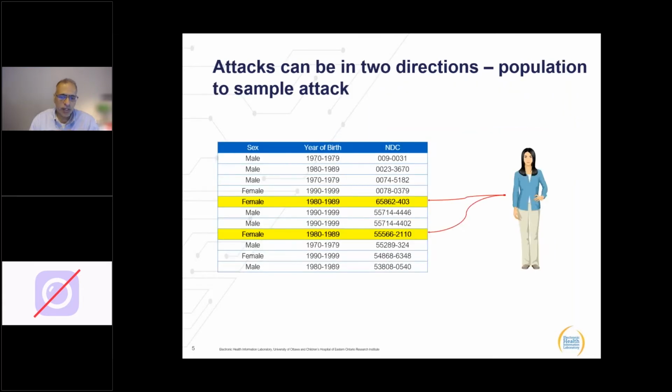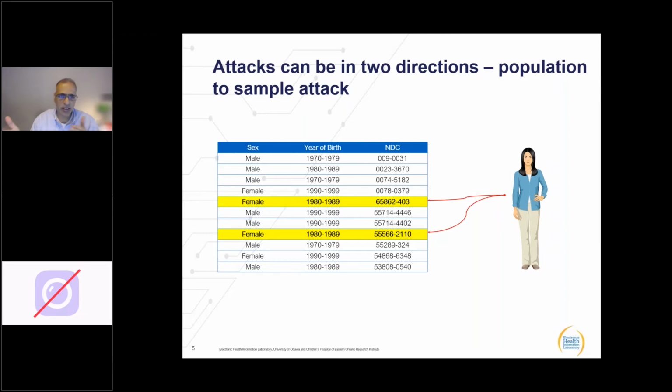When you are worried about re-identification attacks, you have to consider re-identification attacks from two different directions, because depending on how you evaluate re-identification risk, the risk is different depending on the direction of attack. So in practice, we always consider two directions of attack.